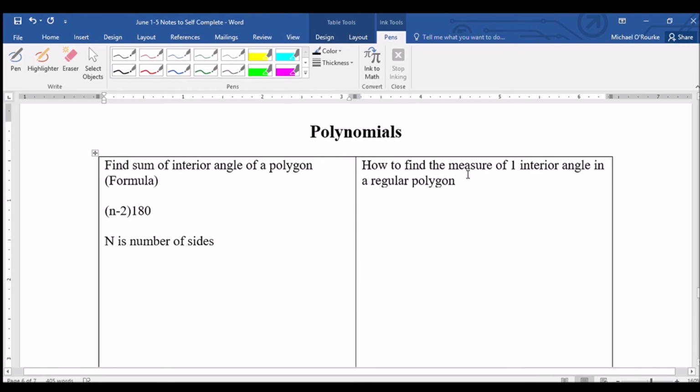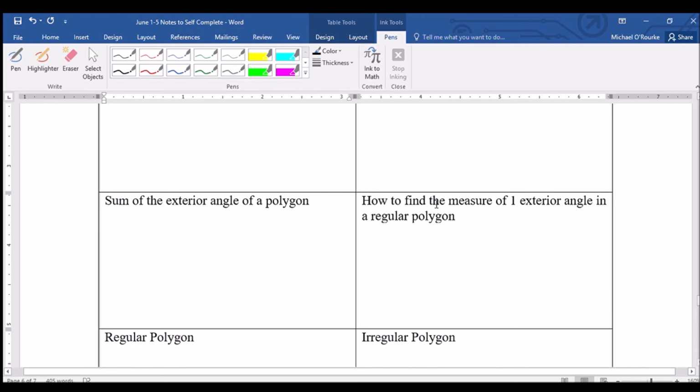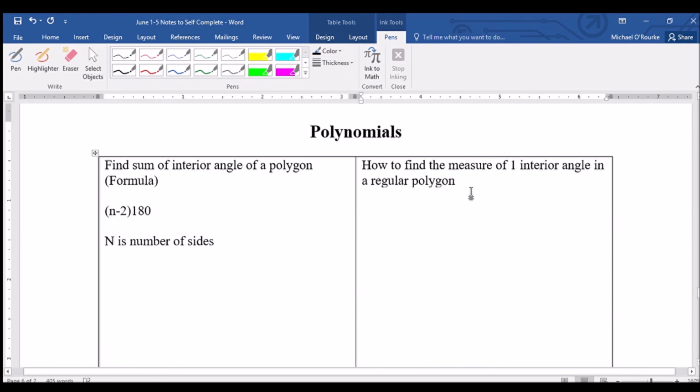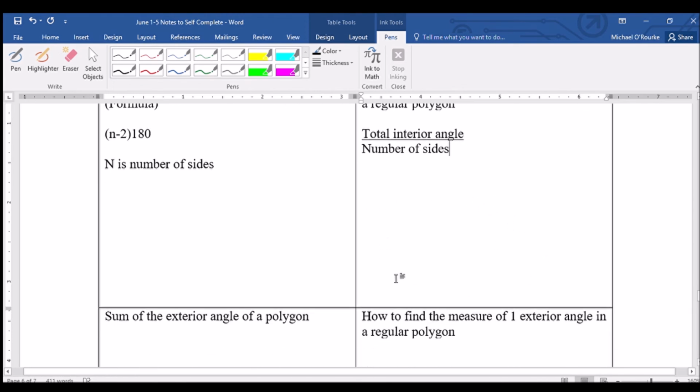How to find the measure of one interior angle of a regular polygon: take the total interior divided by the number of sides. I'm going to underline that. Once again, do an example in here for me.